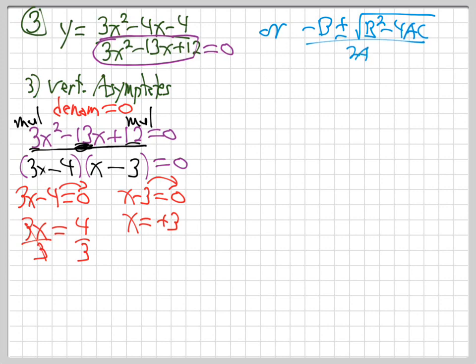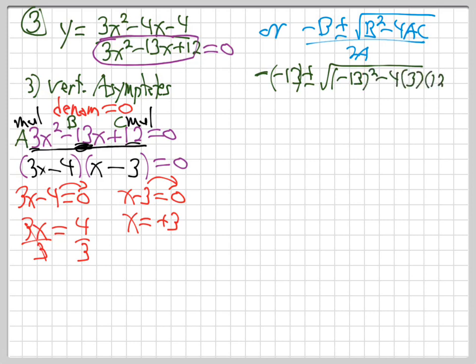So we go back and we grab them. So this is the a is 3, the b is negative 13, the c is 12. So negative 13, negative b, plus or minus the square root of b squared, minus 4 times a, which is 3, times c, which is 12, all over 2 times a.